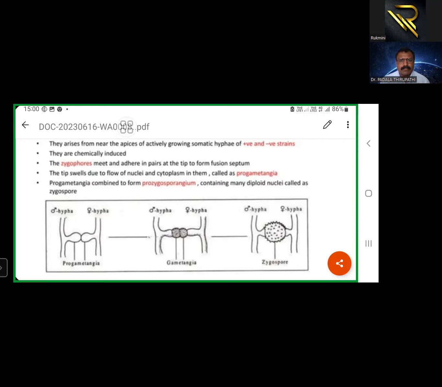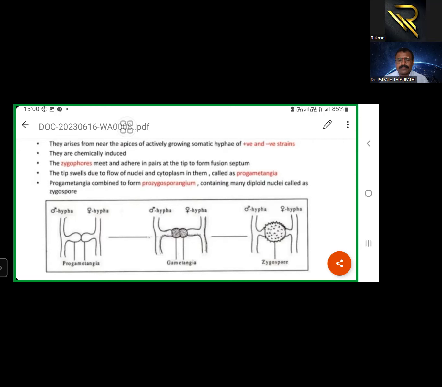He identified this hormone's role in the formation of gametangia and their fusion. In 1925, he reported that some hormones play an important role in gametangial formation and their fusion.